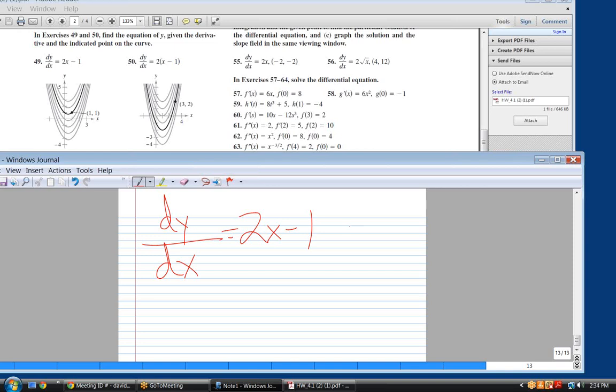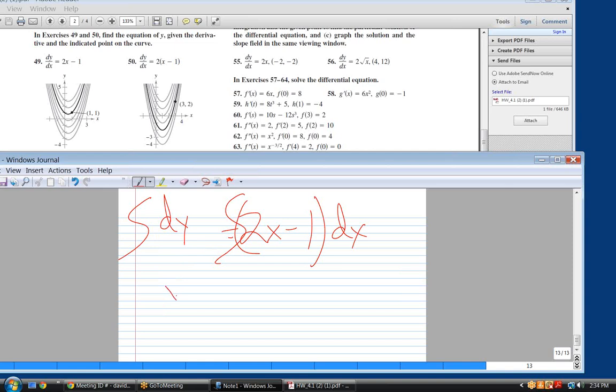Yeah. And our next step would be to integrate it. Integrate both sides. And the next step we would plug in the point, right? Well, not yet. What's the integral of the left and the right?